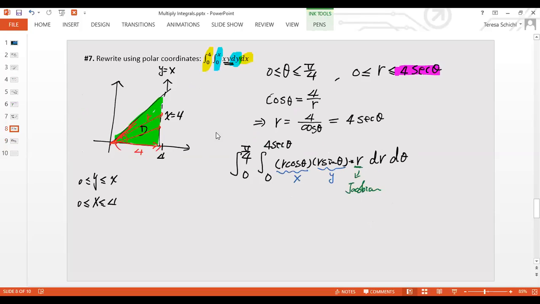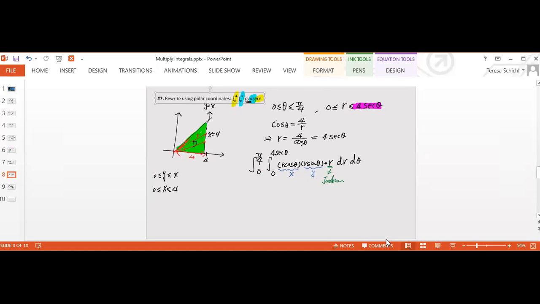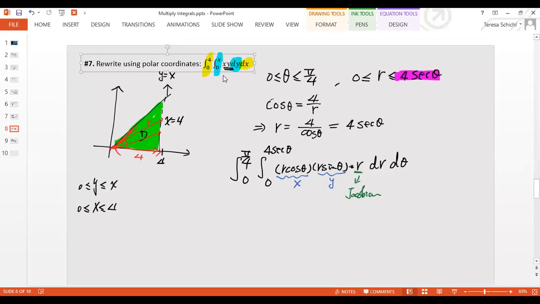The same way here for number 7. As you see, this integration region is not circular, right? It's a triangle. So probably you still can transfer it, but the Cartesian is probably a lot easier than the polar here.